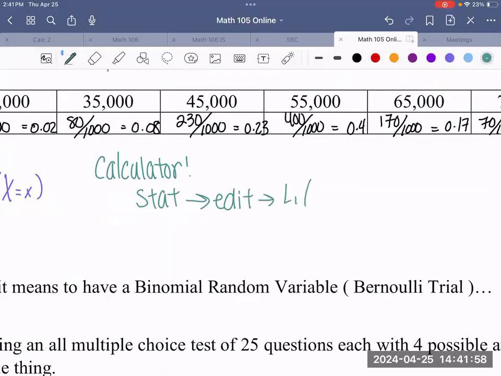We're going to do list 1 of X values. List 2 is your probabilities.